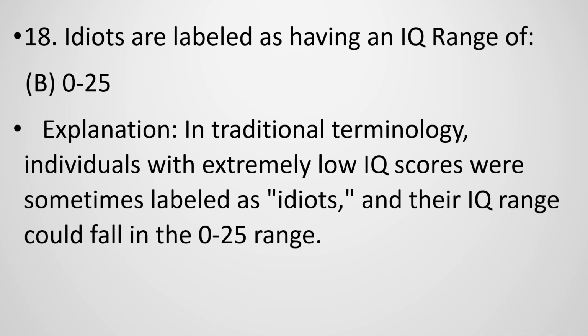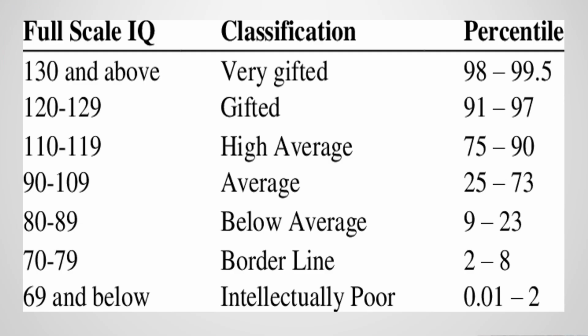So in traditional terminology, individuals with extremely low IQ scores were sometimes labeled as idiots, and their IQ range could fall in the 0 to 25 range. So here I have given a table for your better understanding.